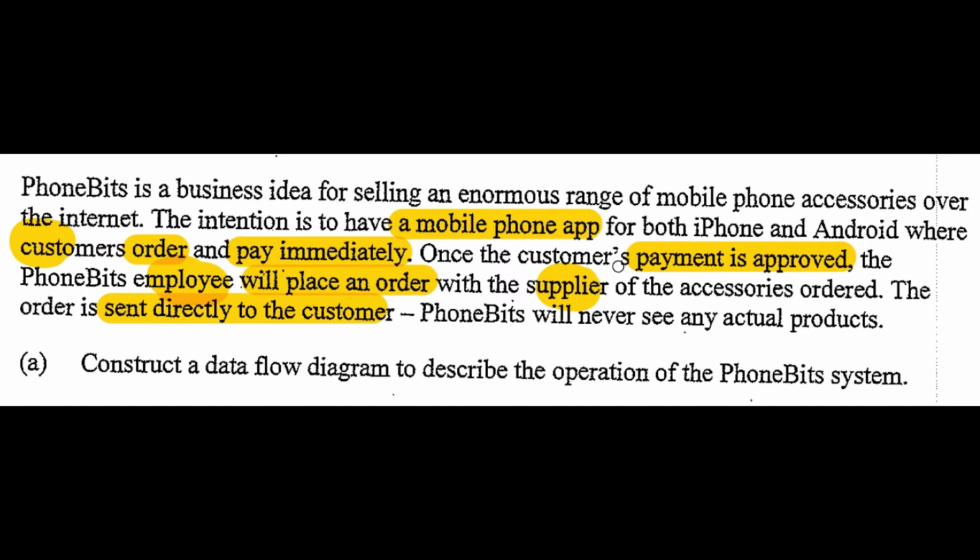That's another external entity if we think carefully. So I'm going to do it in two parts in order to do a proper data flow diagram. This question is not an easy question. I'll do a data flow diagram for the mobile phone app, then do the data flow diagram for the rest of this and combine those together. That's my strategy.